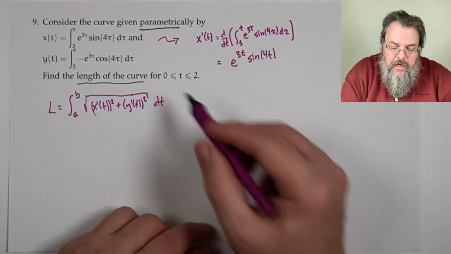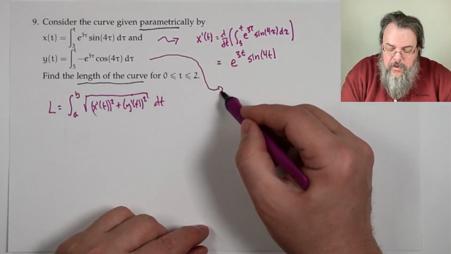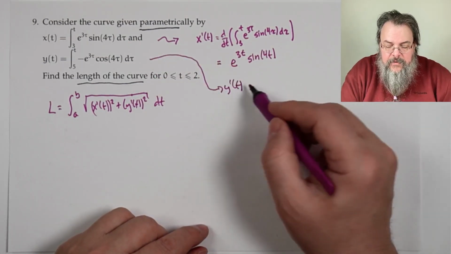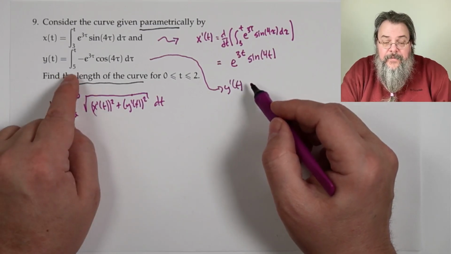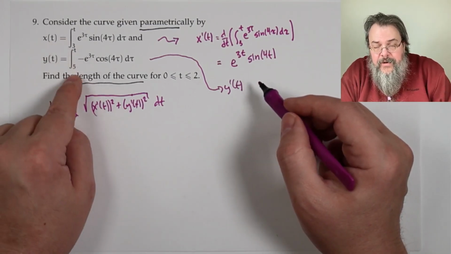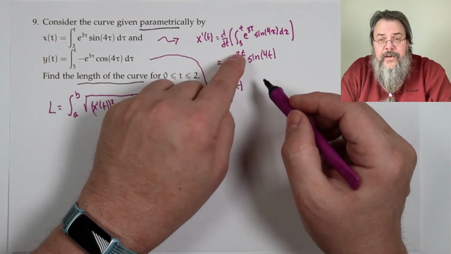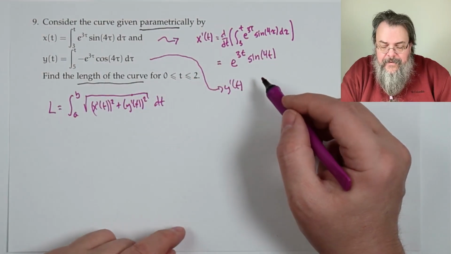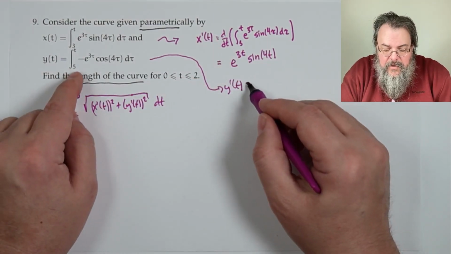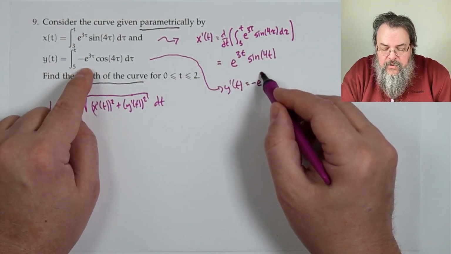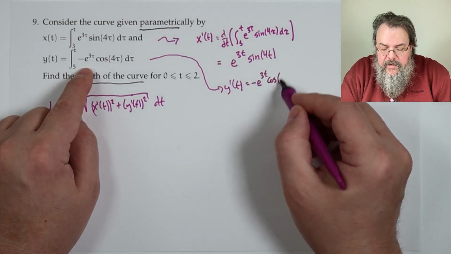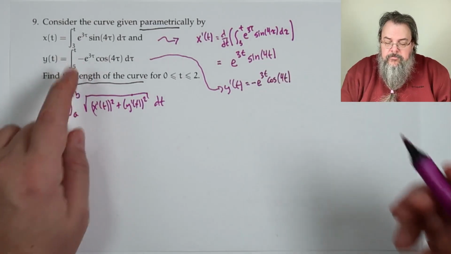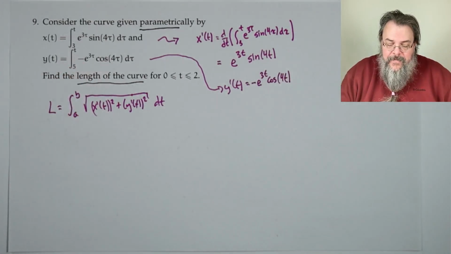Now, with that in mind, we can just write down y prime without even thinking. You might say, well, wait, that starts at 5. We used to start at 3. We just need it to start at a constant. So this becomes minus e to the 3t cosine 4t. And we've got our derivatives.